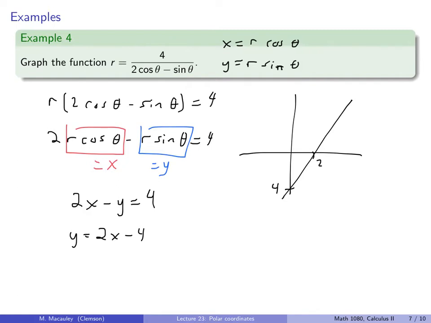So hopefully you can see how to generalize this. If you want to, you can work backwards. Suppose you start with y equals mx plus b. We can do these steps in reverse.